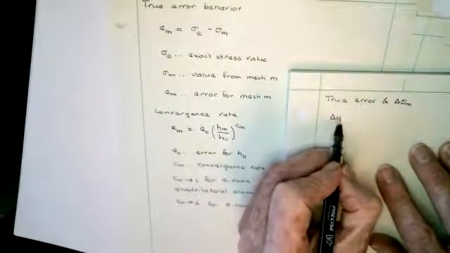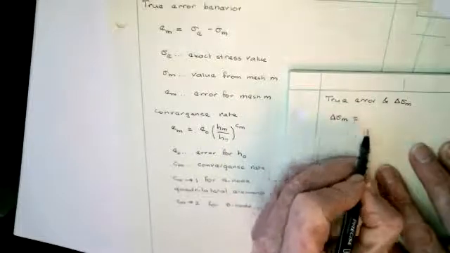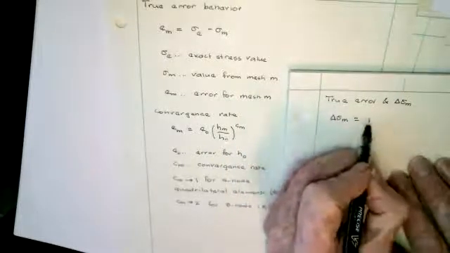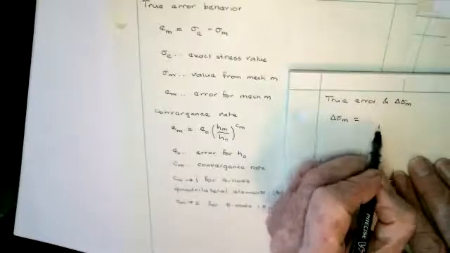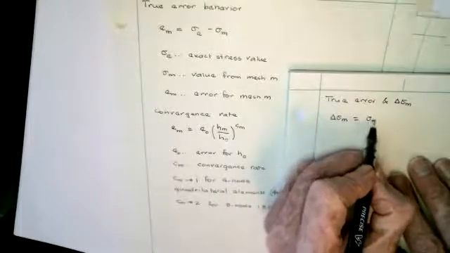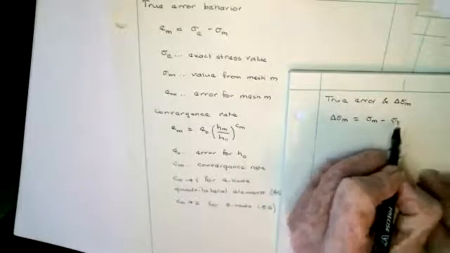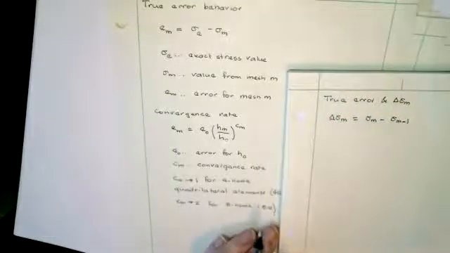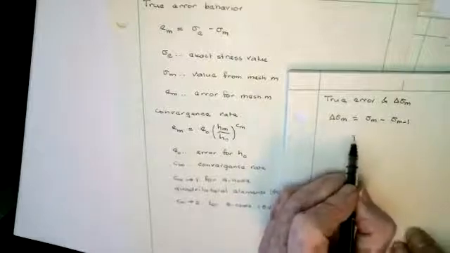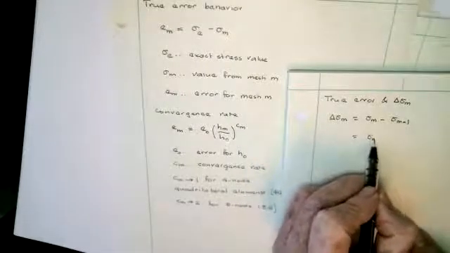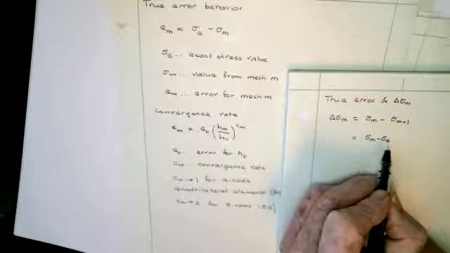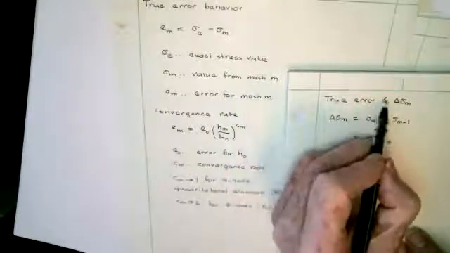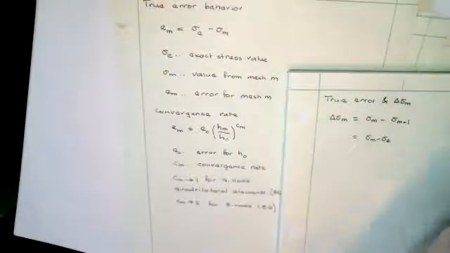It's the change in the stress as you refine your mesh using the sequence where you halve element sizes. So it's just that change. We could write this. What does that top sentence say? True error.